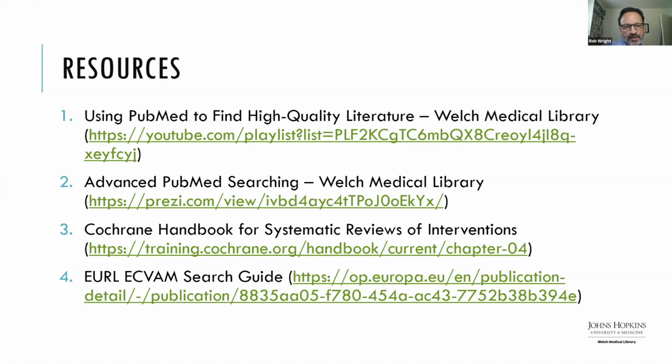And then I provide some links to the Cochrane Handbook, the chapter on searching, and a link to the ECVAM search guide, which I really only talked about as an inspiration, but I think is really worth taking a look at. One of the things they do is provide sources for finding 3Rs types of studies.